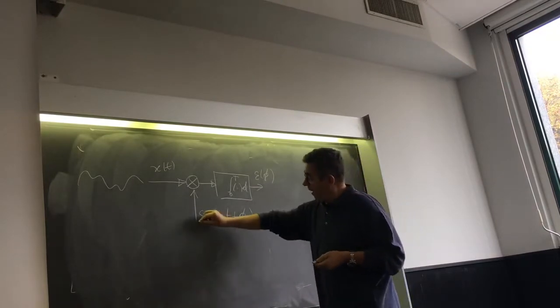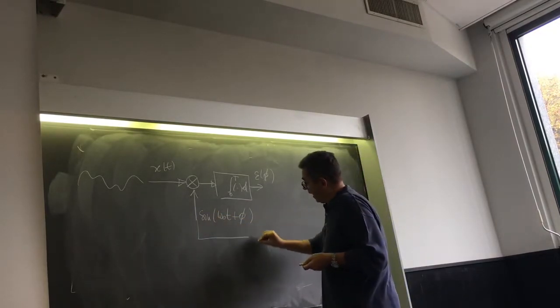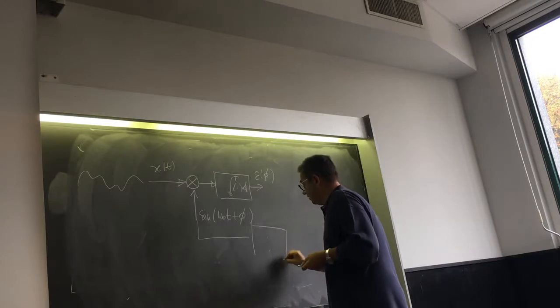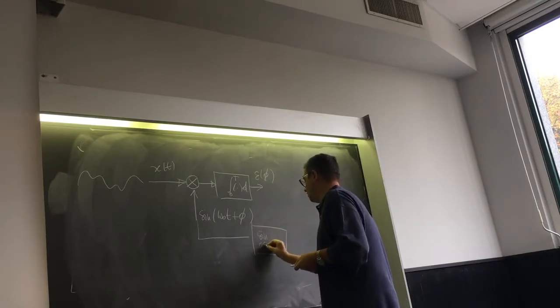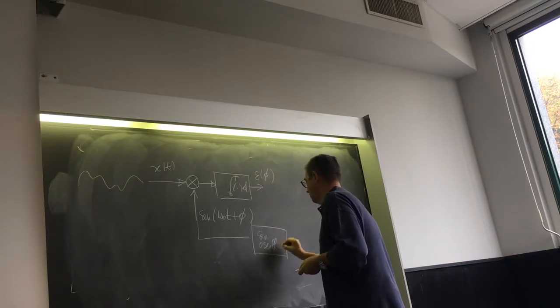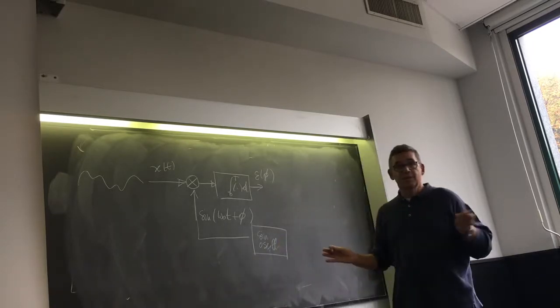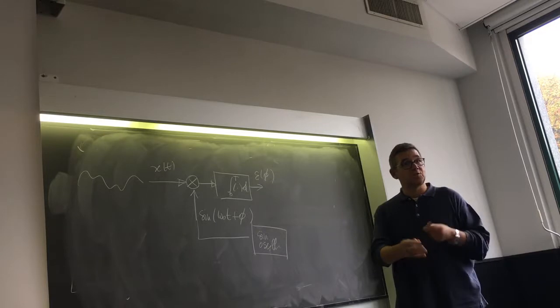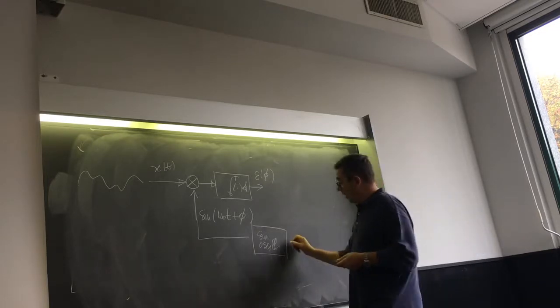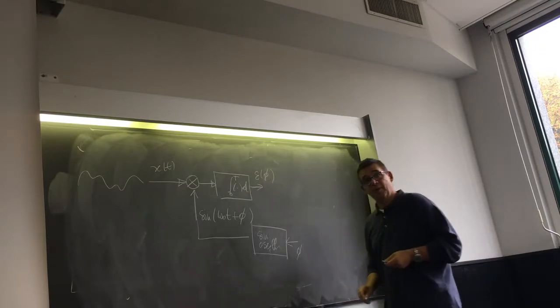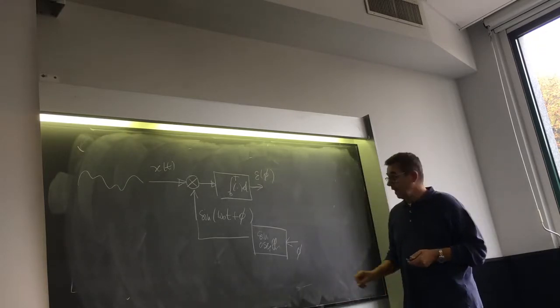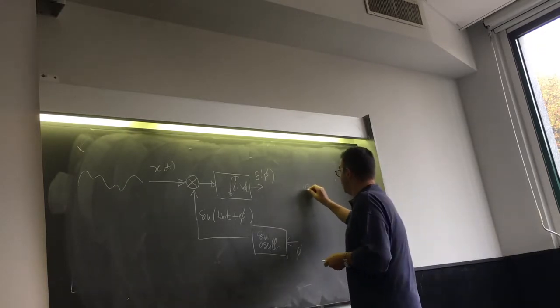So what I can do is have a generator of sinusoid, an oscillator, because these exist. It's a sinusoid generator where I can control the phase. And so what we can do is the following.